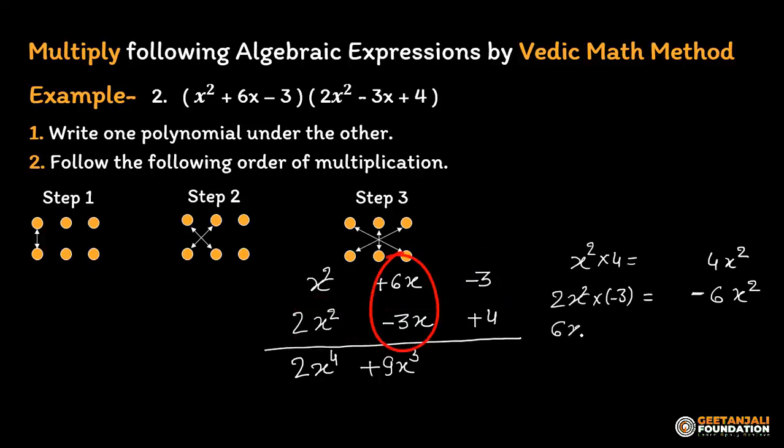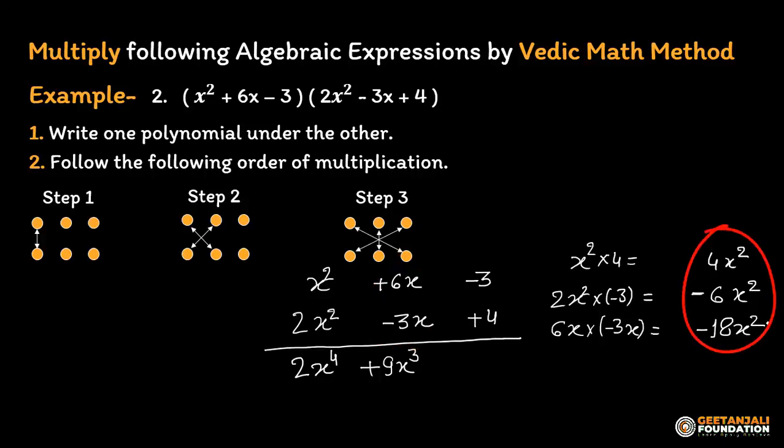Now 6x multiplied with minus 3x will give us minus 18x squared. So now we will add all these three terms. When we add them, 4 minus 6 will give us minus 2, minus 18 will give us minus 20. So minus 20x squared. So our answer here is minus 20x squared after following step 3.